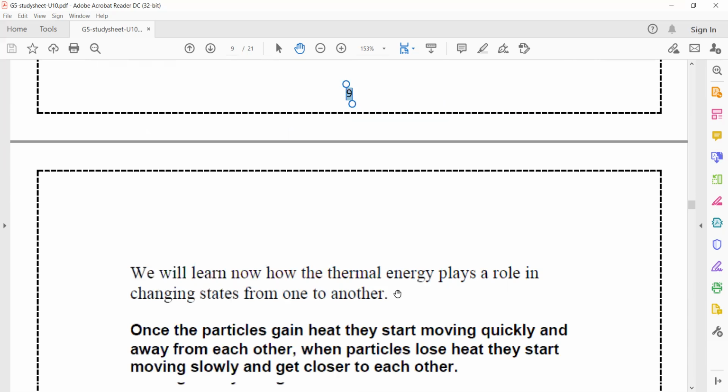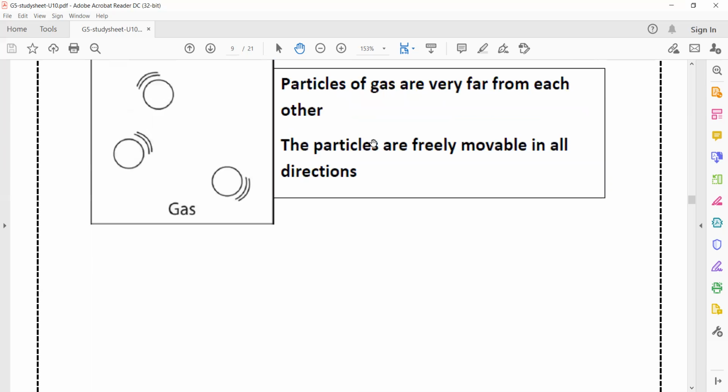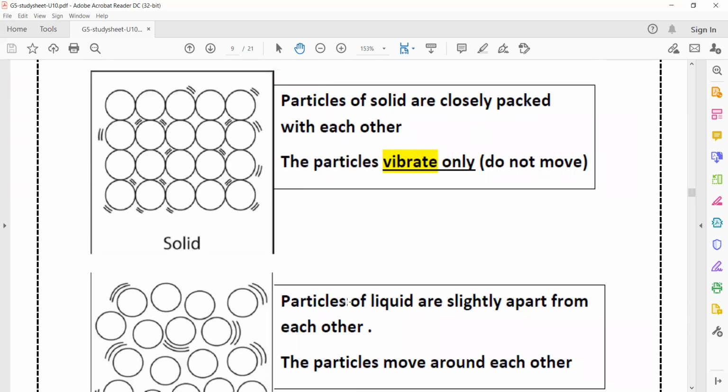Let's talk about the particles of solid, liquid, and gases. There is an attraction force between the particles of the solid, liquid, and gases.